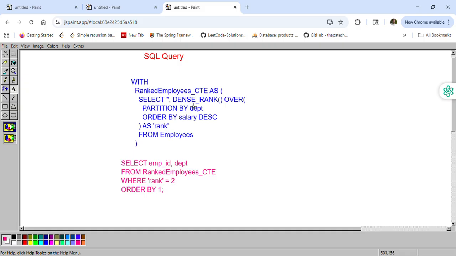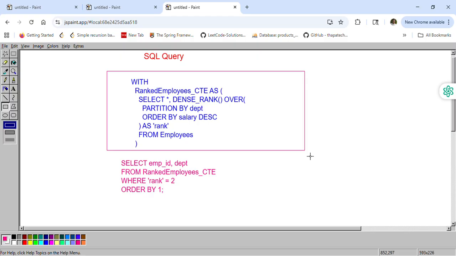So this is our SQL query. First I'll create one common table expression. What I am doing in this common table expression: WITH ranked_employees_cte AS, this is the name of the common table expression, SELECT star, comma, DENSE_RANK() OVER (PARTITION BY department ORDER BY salary DESC) AS rank FROM employees.